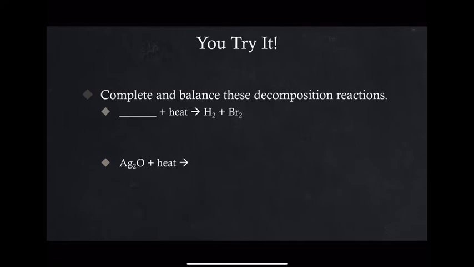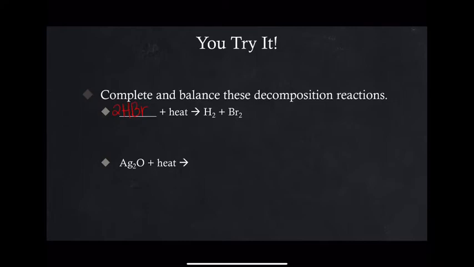So this first one is a little bit different. You have to put in what we started with. So we would have started with 2 HBr, which is hydrobromic acid, similar to hydrochloric acid. Any of those halogens you can call them hydrofluoric, hydrochloric, hydrobromic, hydroiodic acid.